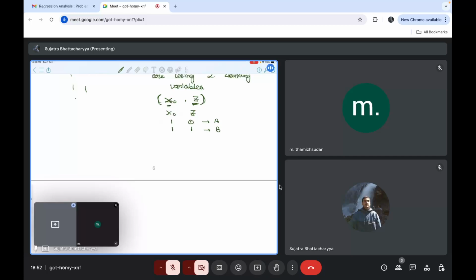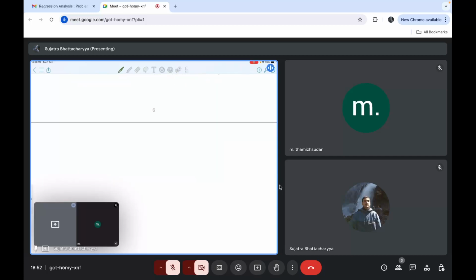Now let's see for three sets of data: Indian Ocean, Arabian Sea, and Bay of Bengal. Then how will our analysis change? So let's see how many dummy variables we will have. We will be using Z1 and Z2.